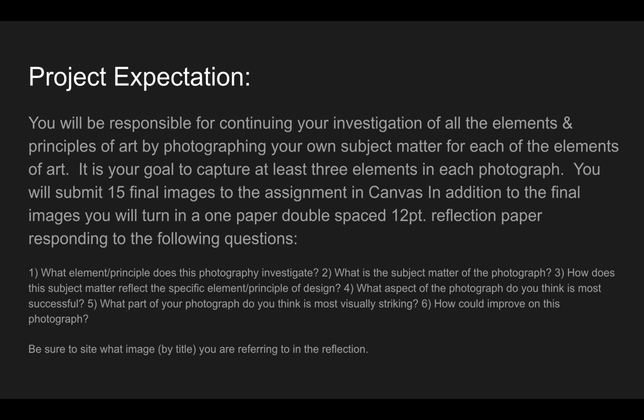What subject matter did you choose to photograph? Maybe the subject matter's all over the place, or maybe you decided to focus on portraits or abstract photography. I'm not telling you that you have to pick a subject matter. This project could be 15 different subject matters. That's okay. So how does the subject matter reflect the specific elements and principles of design?